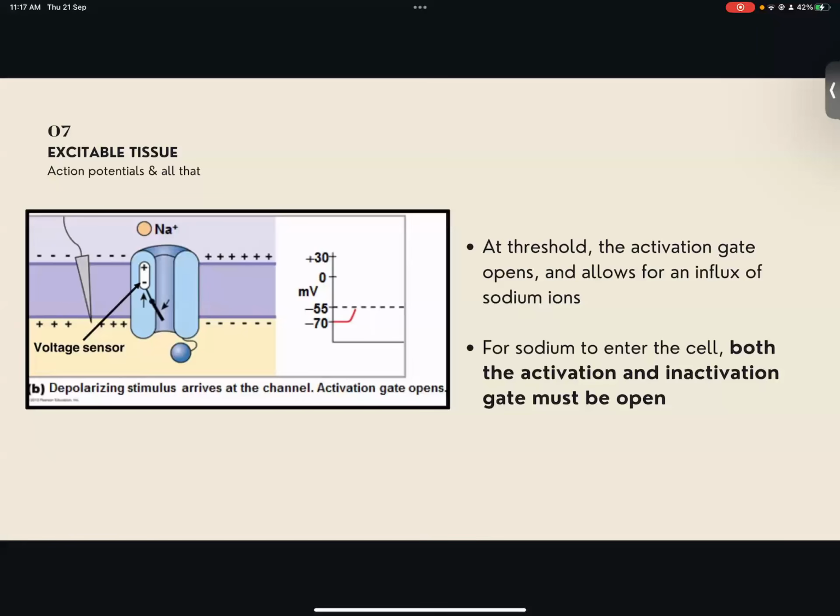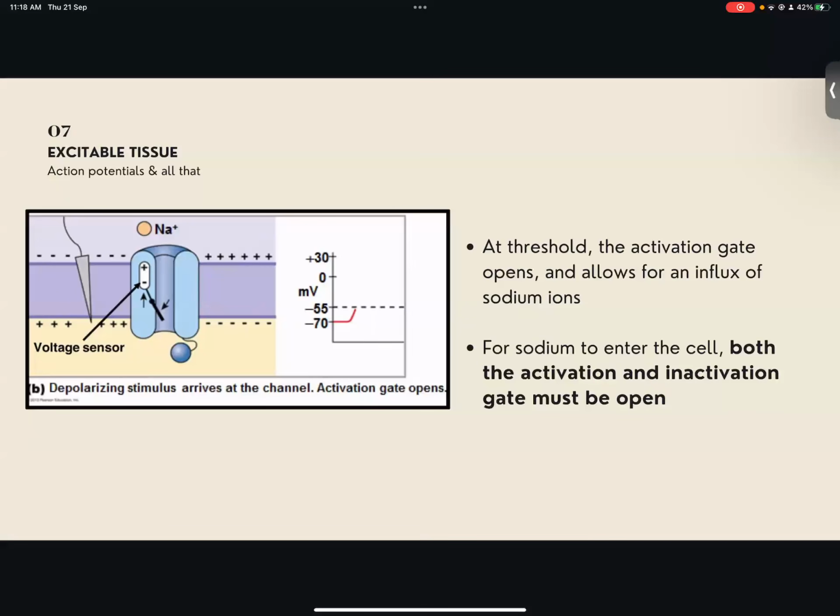Since sodium is positively charged and it's entering a negatively charged cell, what will happen to the membrane potential? Will it continue to become more positive, or will it become more negative? You're gaining positive ions, so it will continue to become more positive, and that's what your action potential is.